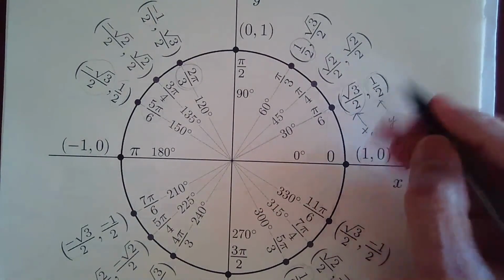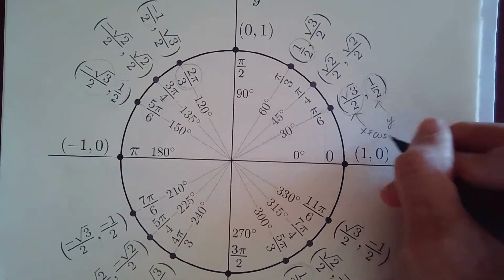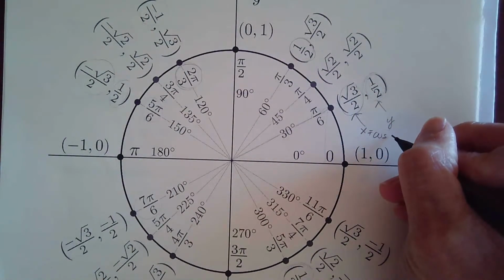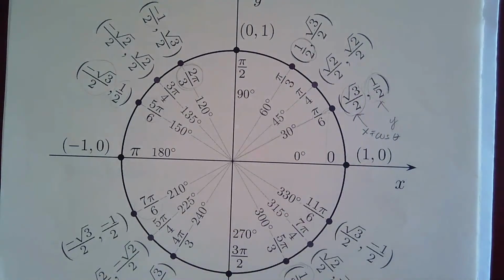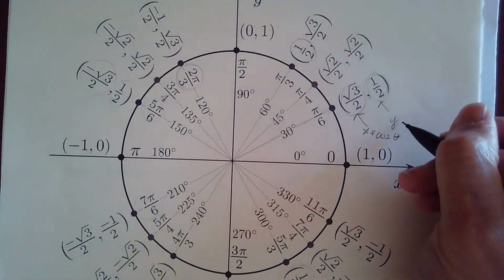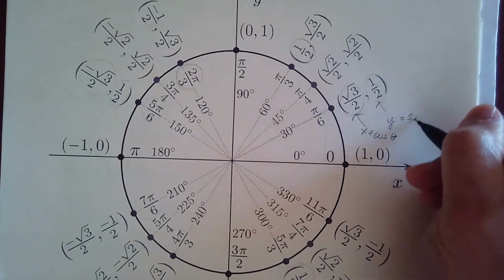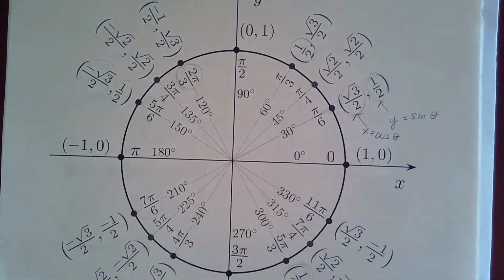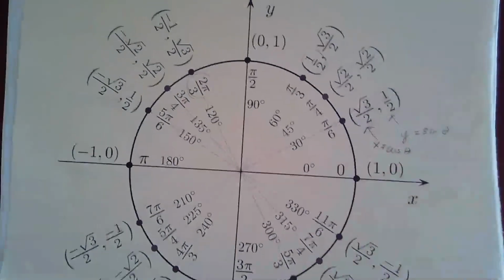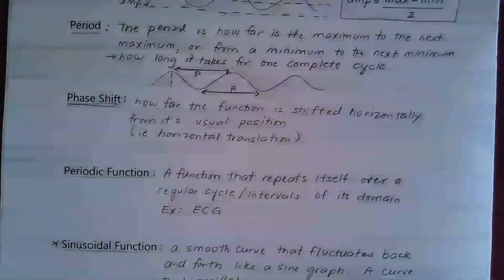The x is equal to cos of theta, and the y is equal to sine of theta. We will see that over and over again.